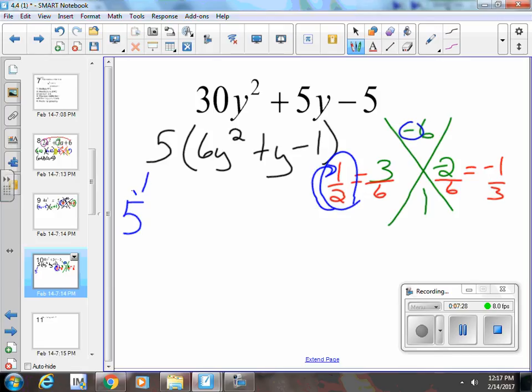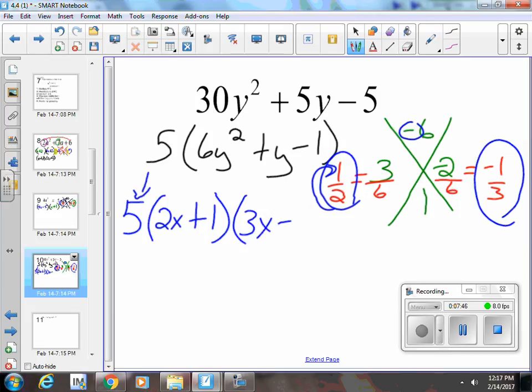Don't forget about your 5. And so the bottom up is 2. Oh, 2 is under the 1. So I've got 2x plus 1. And then for my other fraction, I'm going to go bottom up. It's 3x on the bottom minus 1. That's my answer. All right, that's it for that video.